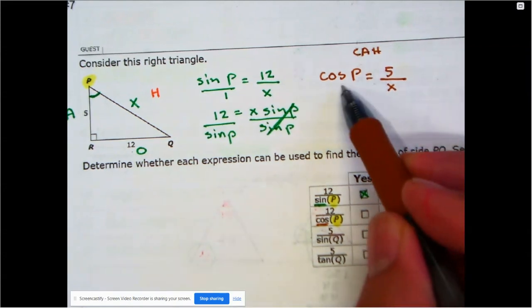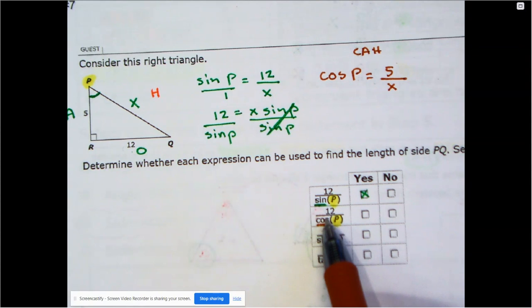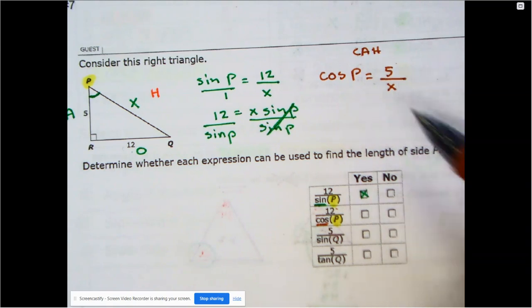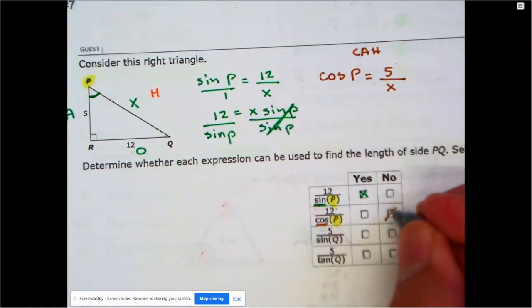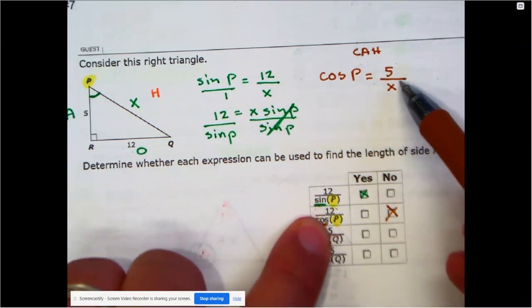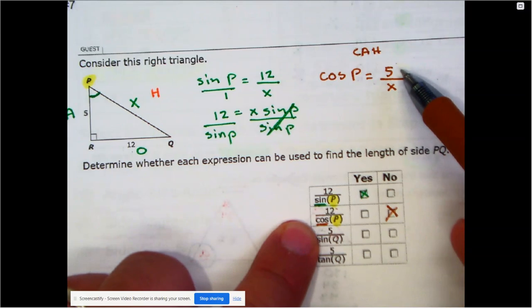See, look at that. Cosine of P is 5 and x. We don't see a number 5 here at all. That means they used the wrong number. They put a 12 instead of a 5, like it's supposed to be. Then I don't hesitate. I mark it as a no and I move on. They must have set that thing up wrong from the beginning. Again, they're using a 12, not a 5.